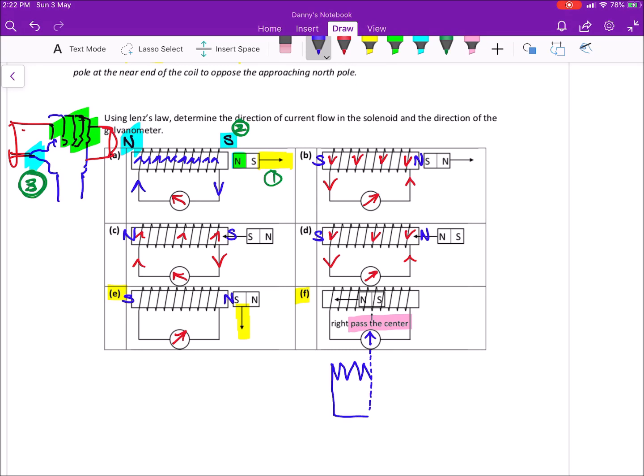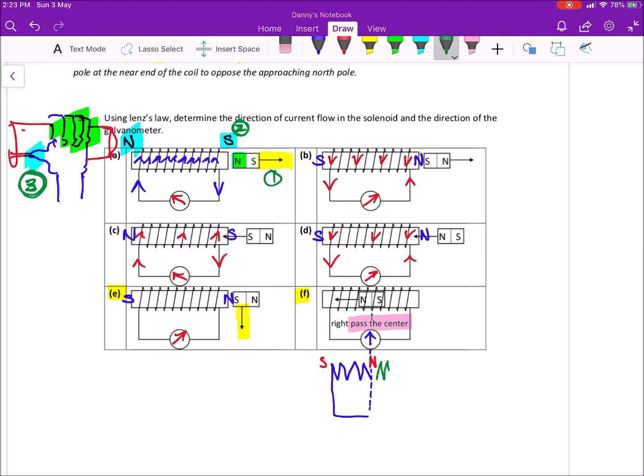To this left half of the solenoid, what happens is that they are experiencing an increase in north pole, right? So when the left half of the solenoid experiences this increase in north pole, then obviously it will try to resist it by having it like that. Then how about the right half of the solenoid?